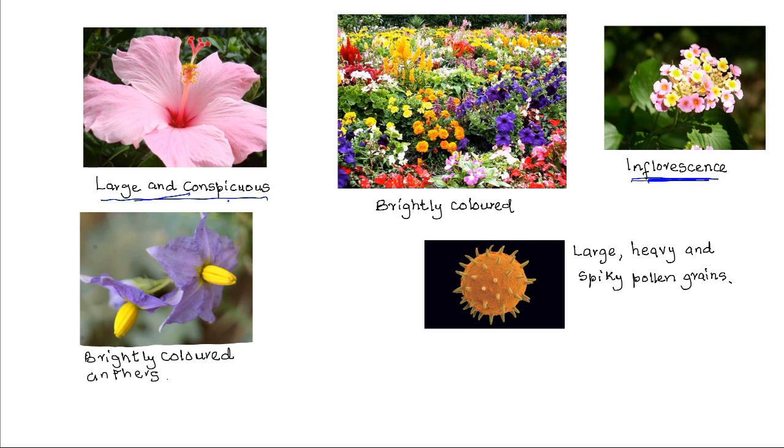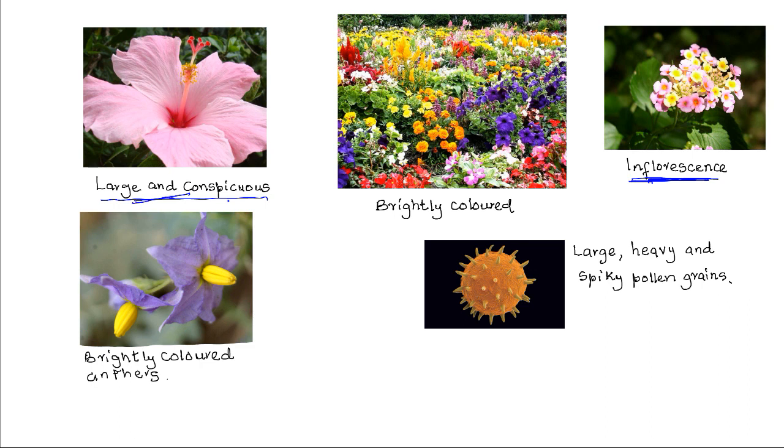So they have large, brightly colored petals for easy spotting by the insects, or if they are small, then they occur in clusters to increase their visibility. Secondly, these flowers also produce a scent, and they also produce nectar that attract insects.